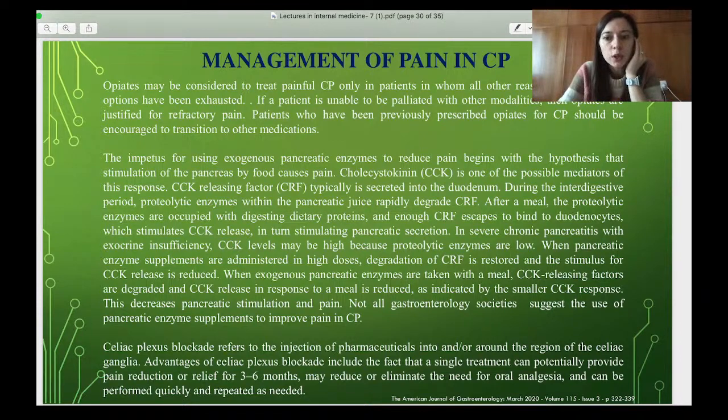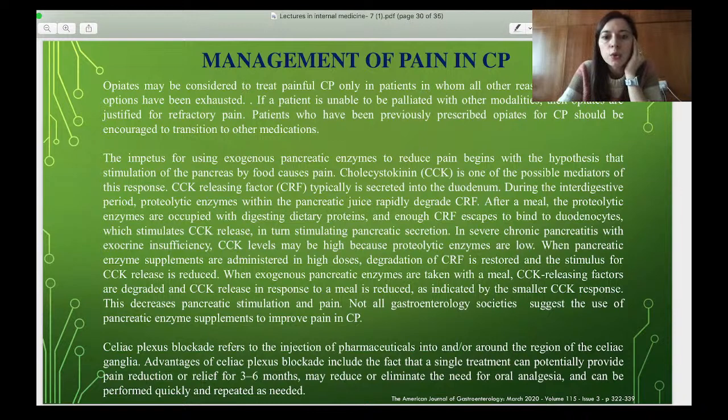In severe chronic pancreatitis with exocrine insufficiency, cholecystokinin level may be high because proteolytic enzymes are low. When pancreatic enzyme supplements are administered in high dose, degradation of releasing factor is restored and the stimulus for cholecystokinin release is reduced.